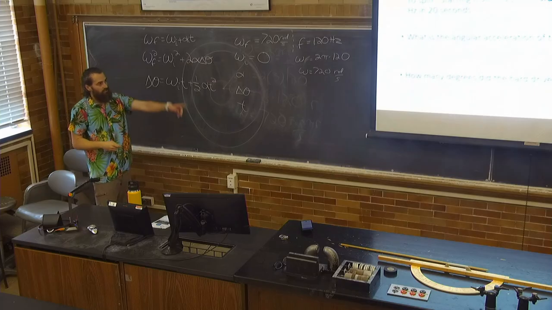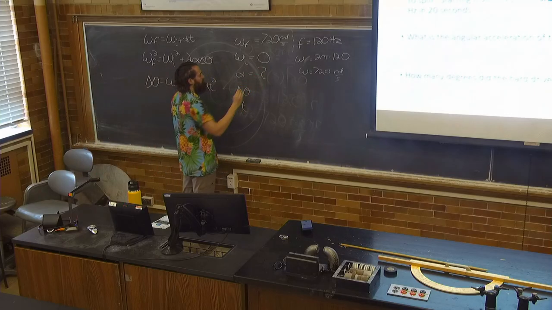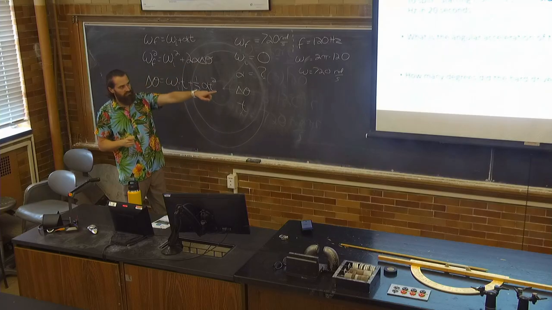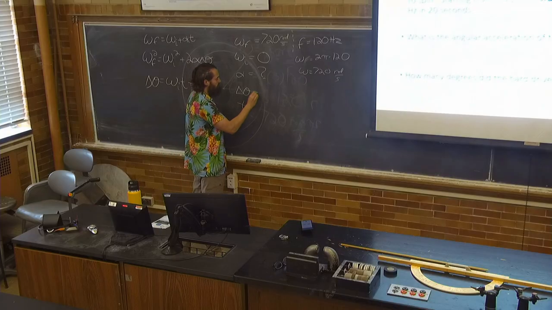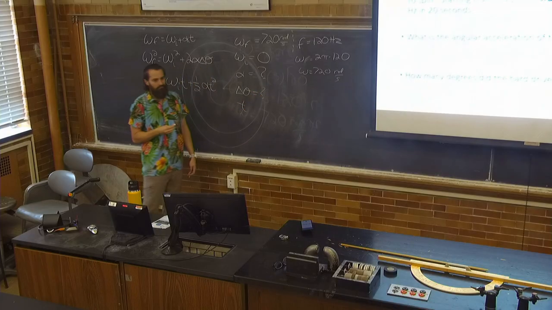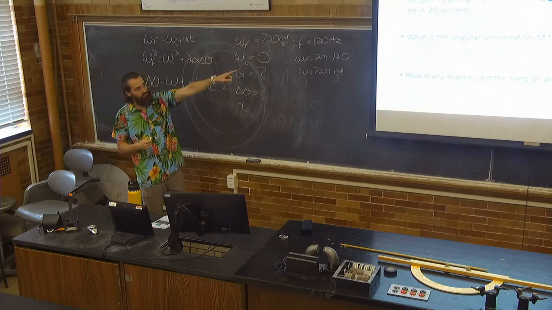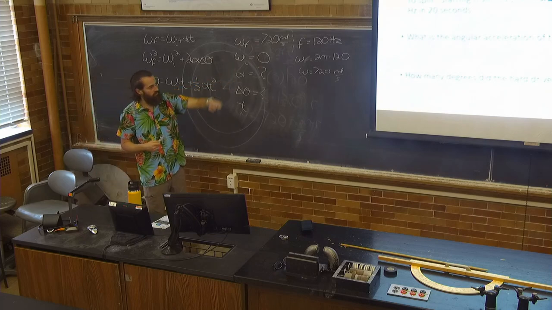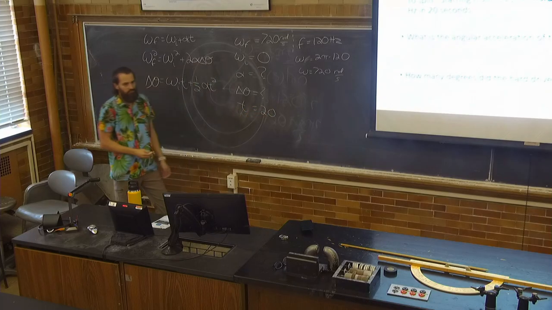They're asking us to find the angular acceleration, so we don't know that yet. And then the second question is asking for how many degrees did the hard drive rotate through, so we don't know the angle yet either. But they do tell us that this motion happens over the course of 20 seconds, so that goes in our time variable.